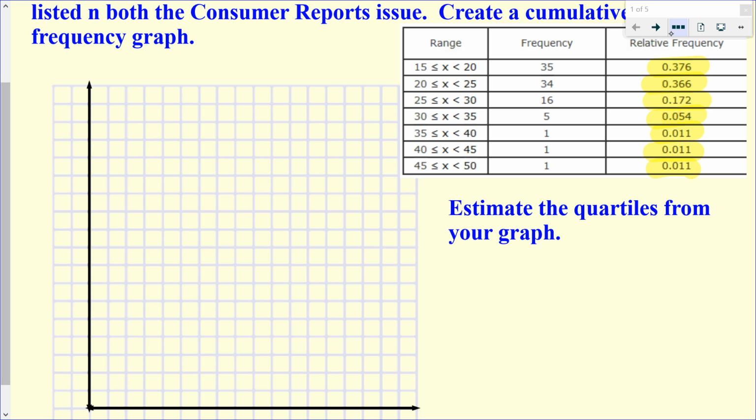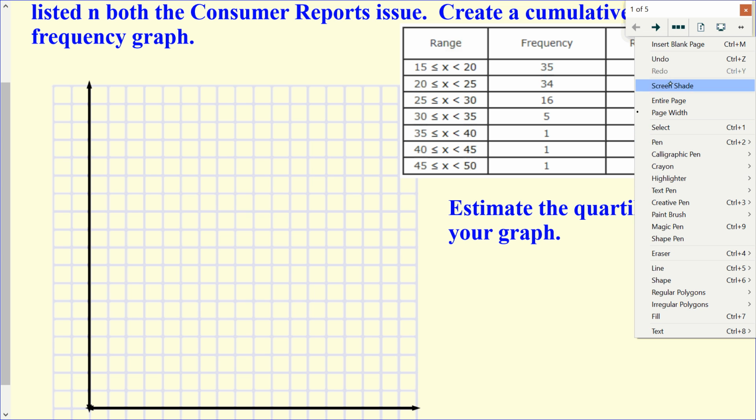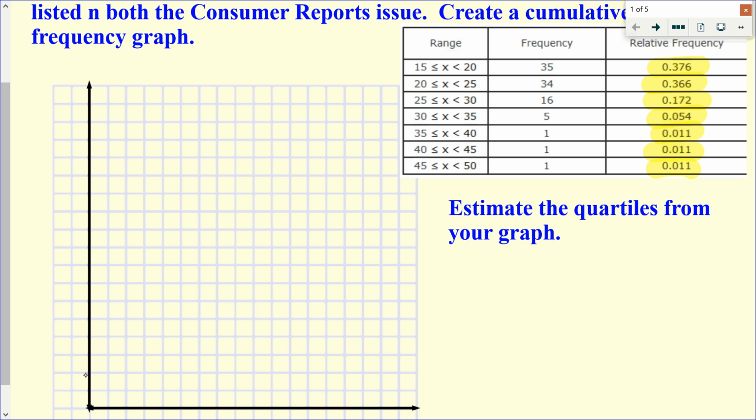So let's go ahead and scale our graph. Remember, the frequencies are going up the graph, so we've got 10, 20, 30, 40, 50, 60, 70, 80, 90. I'm going to have to just guess and extend for 100.